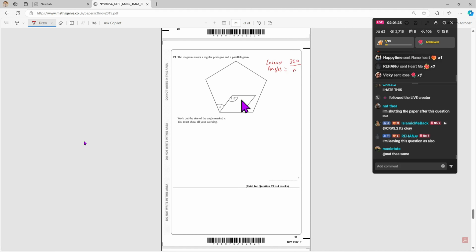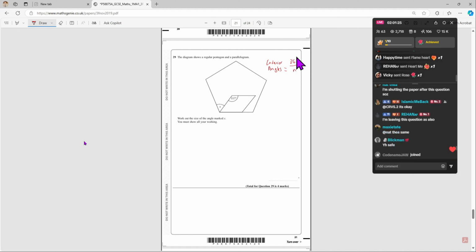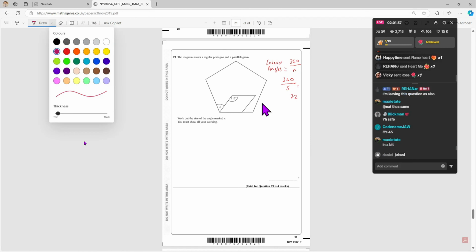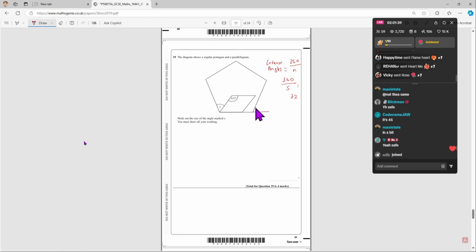That is how to find one exterior angle. So 360 divided by 5, which is the number of sides of a pentagon, gives you 72. So we know that this exterior angle over here is 72 degrees.